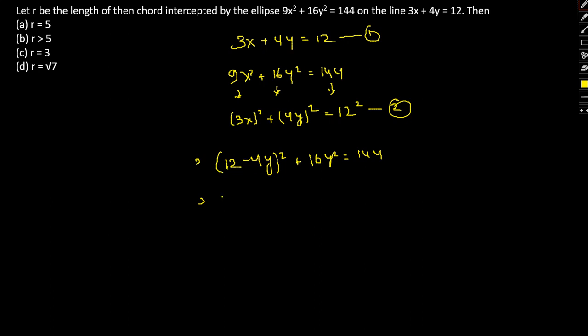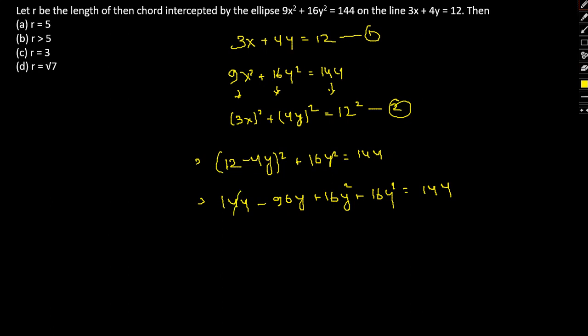So this will be 144 minus 96y plus 16y square plus 16y square equal to 144. My bad. Okay, so I hope this is clear.